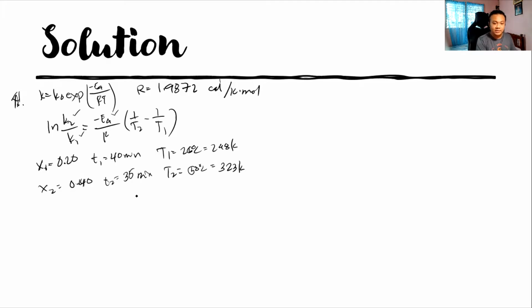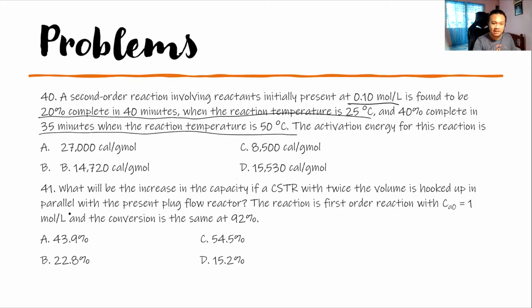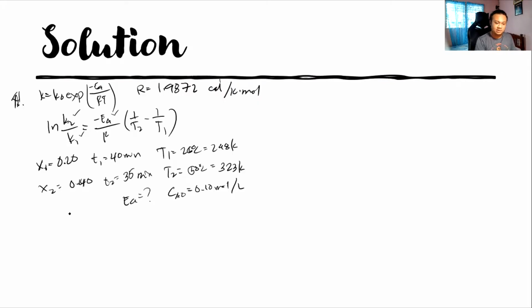Then we are asked to find the EA. And then we are also given the initial concentration of 0.10 mole per liter. So it's also said to us that it's second order, di ba?